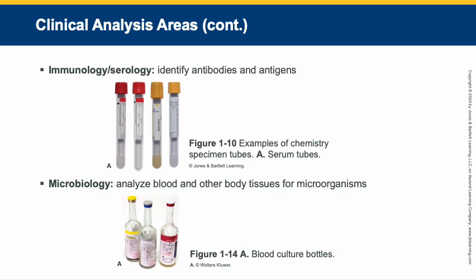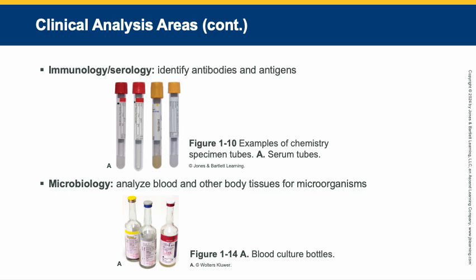Next, we have immunology. Immunology involves the study of the immune system, and serology involves the study of serum, which is the part of blood that you're testing for the immunology area. Serology tests identify antibodies and antigens in serum that are the body's response to the presence of bacterial, viral, fungal, or parasitic diseases.